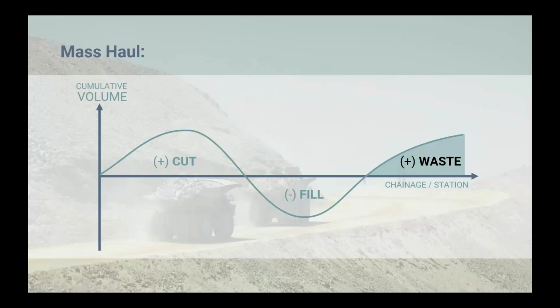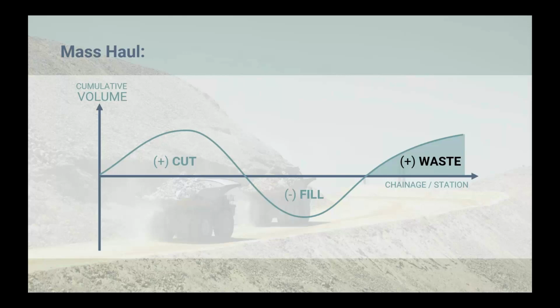Let's discuss some background before we get into details. First, a reminder about the MassHaul. The MassHaul diagram gives you quick, qualitative information about cut and fill volumes and earthwork movements. It is a graphic representation of accumulated volume at any station, and the value is the accumulated cut volume minus the accumulated fill volume up to that point.